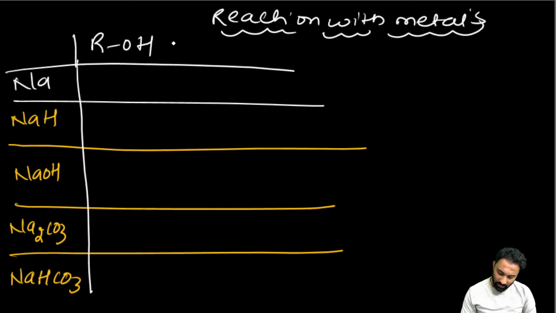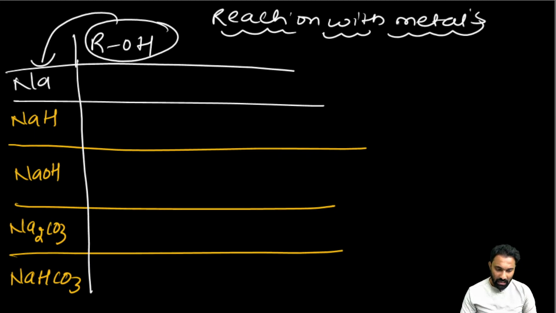Will the 1 degree alcohol react with the sodium? Now only one key point you have to remember. If the alcohol is reacting with the metal, and any product generated is stronger than this alcohol, then no reaction will happen.